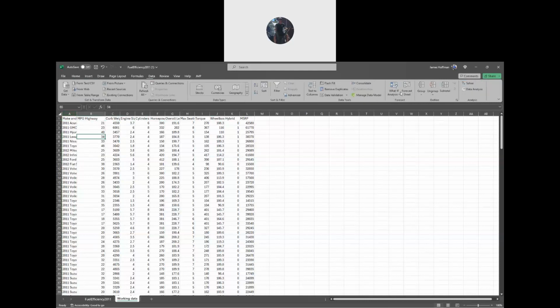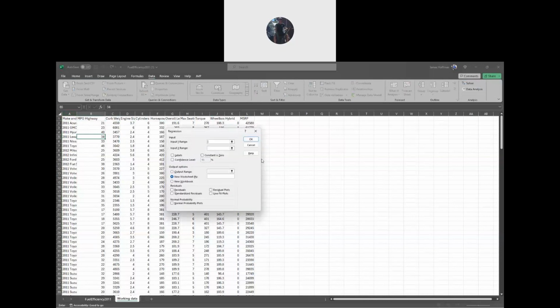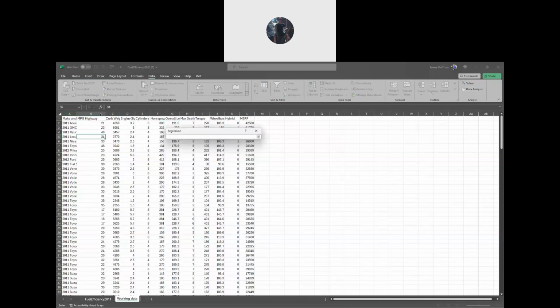All right. So data analysis, regression. Okay. Y range is B1 to B201, and X range is C1 to L201.